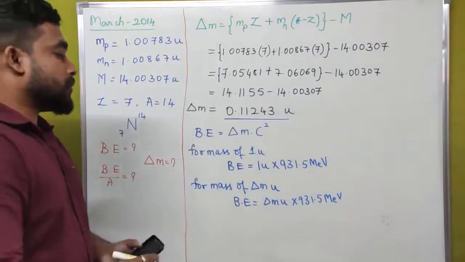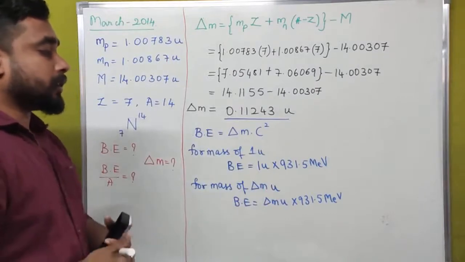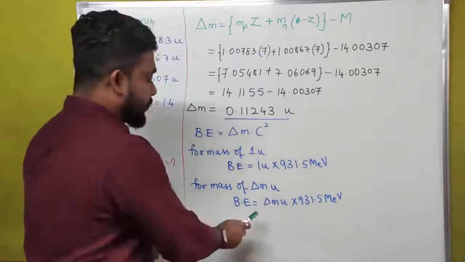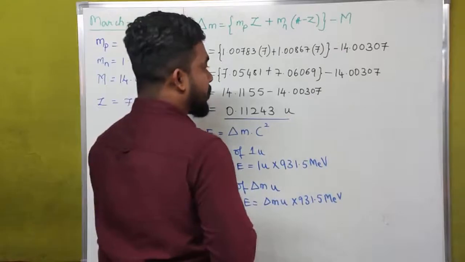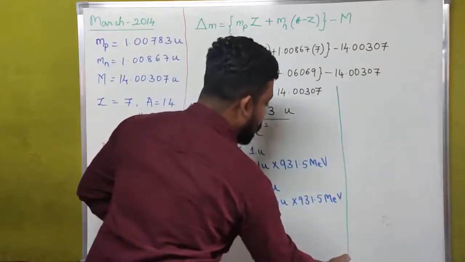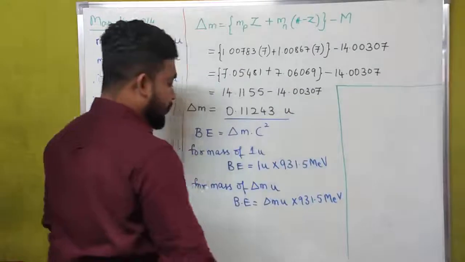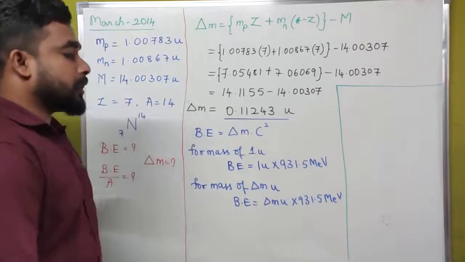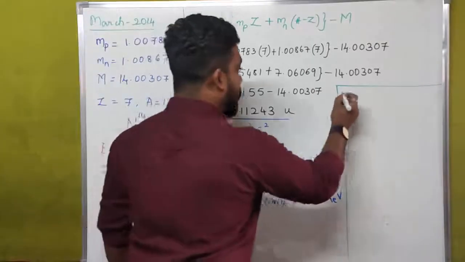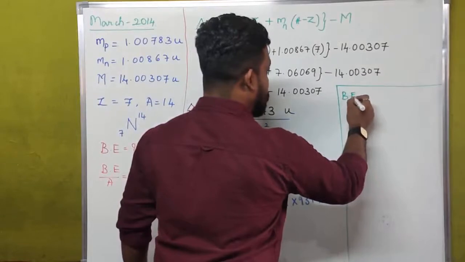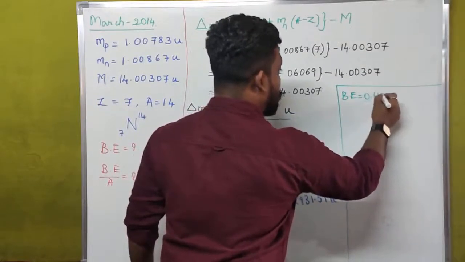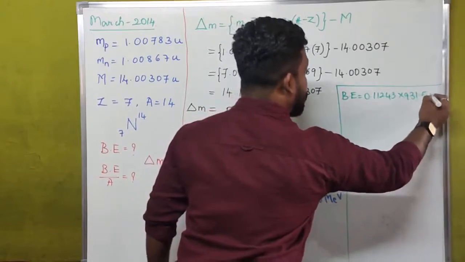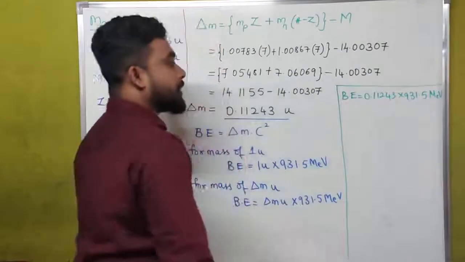Binding energy is equal to delta M into 931.5 million electron volt. Now, if we calculate binding energy in terms of mass defect, delta M is 0.11243, into 931.5 MeV, that is million electron volt.